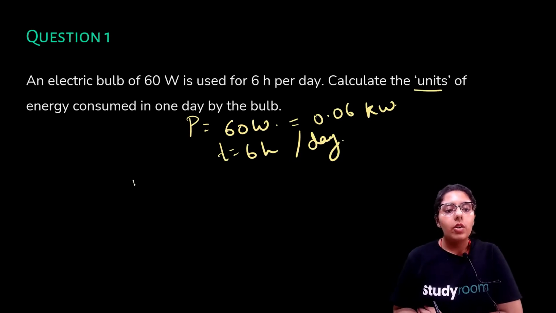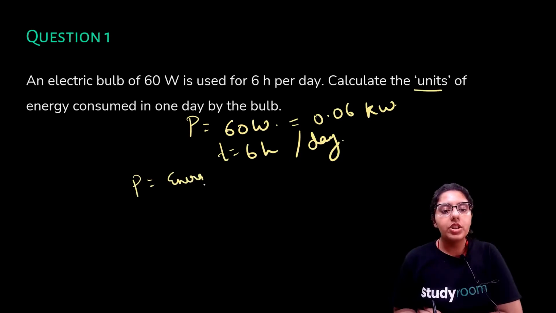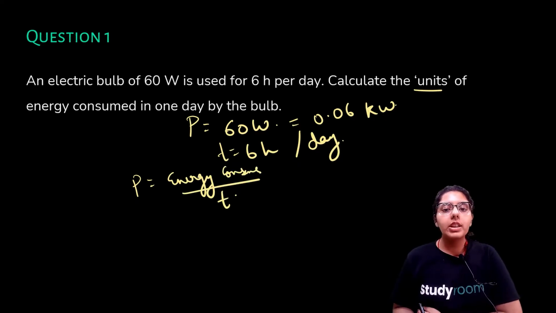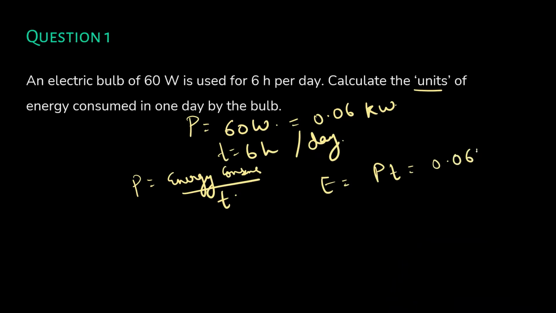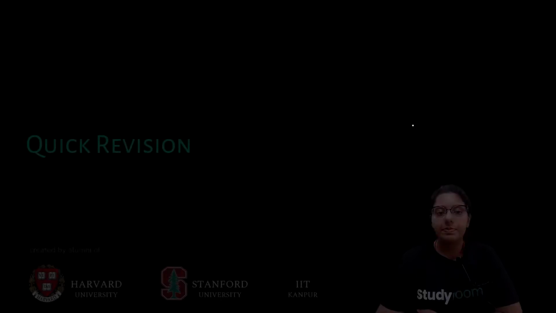We know that power is equal to energy consumed upon time taken, so your energy consumed will be power into time, which is 0.06 kilowatt into 6 hours per day. So how much energy is consumed? 0.36 kilowatt hour, or we can say 0.36 units.